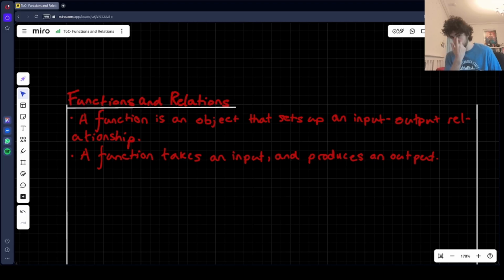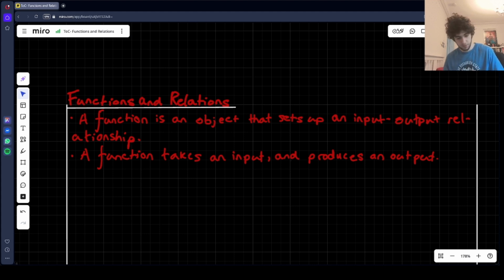So far it's very theoretical. There's no real way for us to ascertain what the output is going to be given that input, right? But we'll talk about that in a bit. But just theoretically, a function just is an object that sets up an input-output relationship, because when you plug some input into your function, it will do something to that input and then produce an output based on the input, okay?